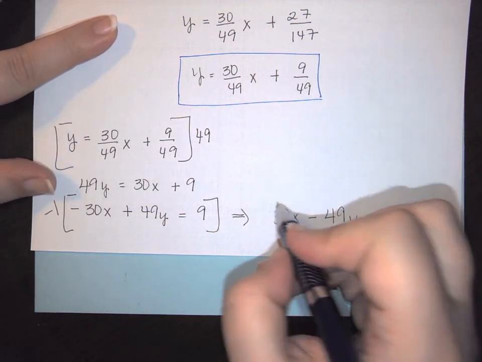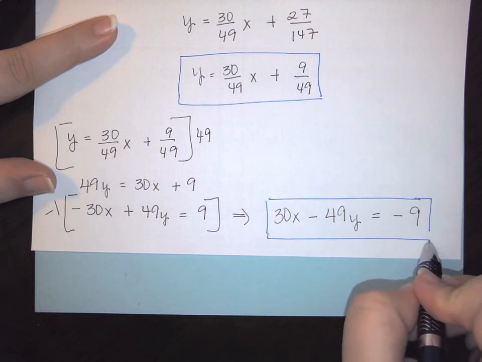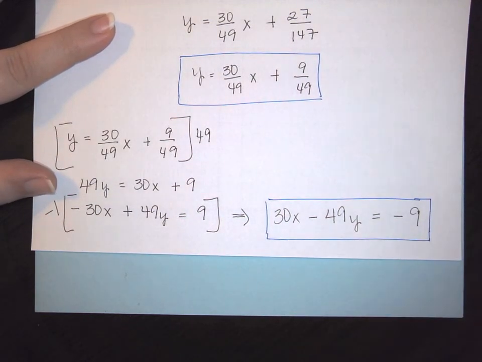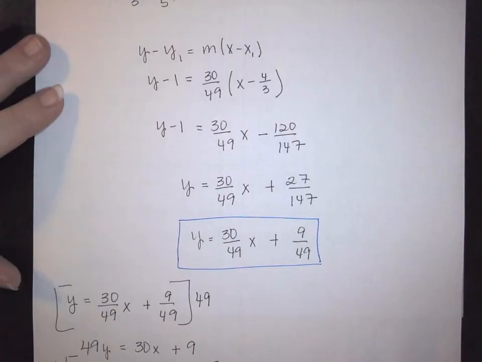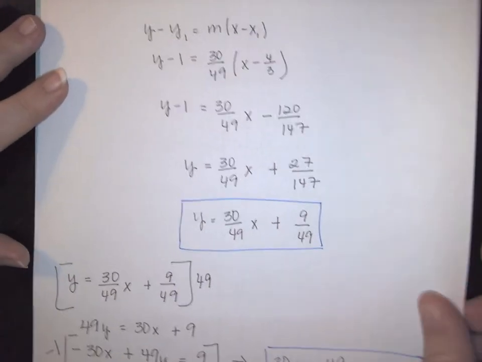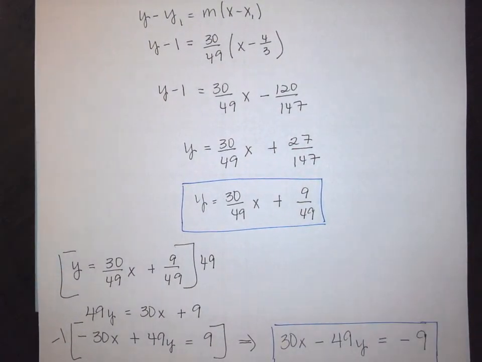And therefore here we have our standard form. Okay. So there are two examples of starting with coordinate points and ending with slope-intercept form and standard form.